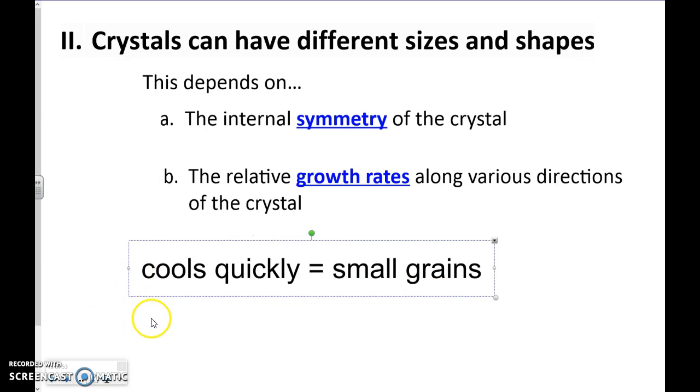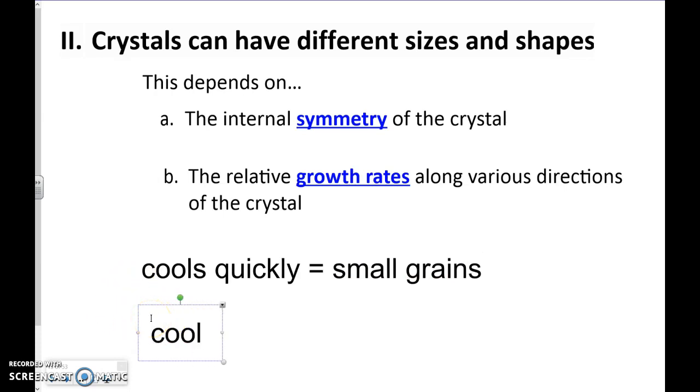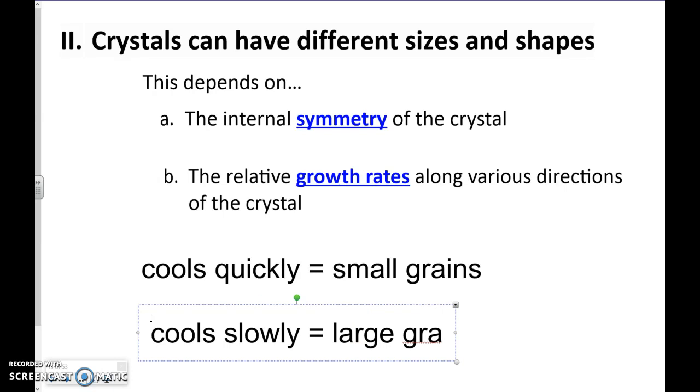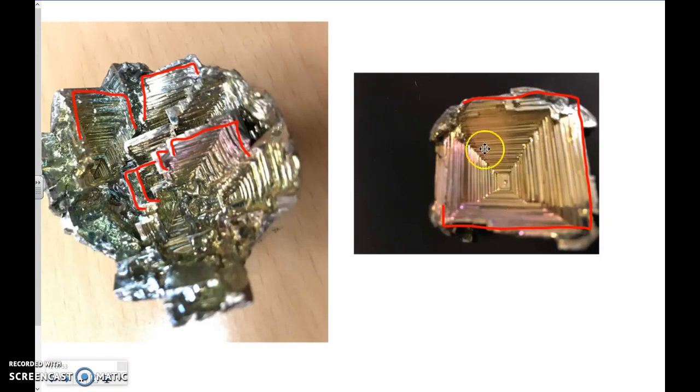But if it can cool slowly, that means you're going to get your large grains. So this guy back here, he had a longer time to cool and he could build up on himself, while these guys cooled relatively quickly and you couldn't see anything.